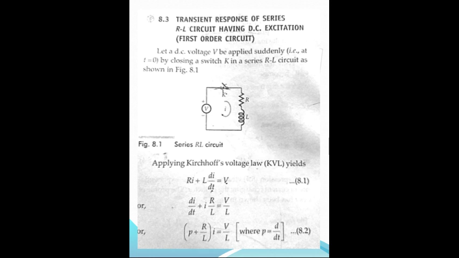Then, when we close the switch, there is a transient current flow in the circuit. So, applying Kirchhoff's voltage law, V = Ri + L di/dt, where V is the voltage of the source, Ri is the voltage across the resistance, and L di/dt is the voltage across the inductor.